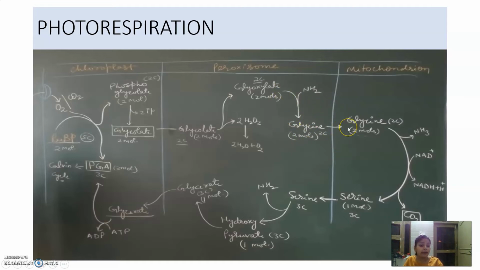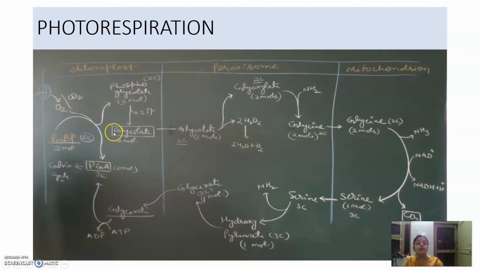The glycine enters the mitochondrion. It converts into serine. The serine enters the peroxisome. The serine gets converted into hydroxypyruvate, which converts into glycerate. Glycerate enters the chloroplast, which converts into phosphoglyceric acid.